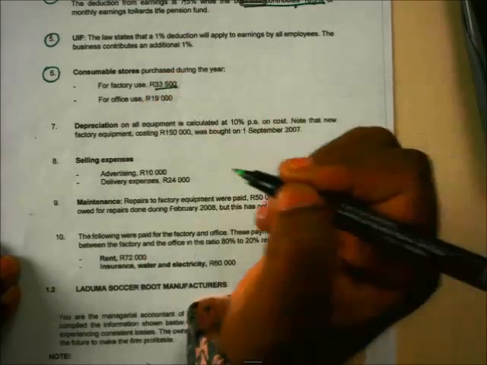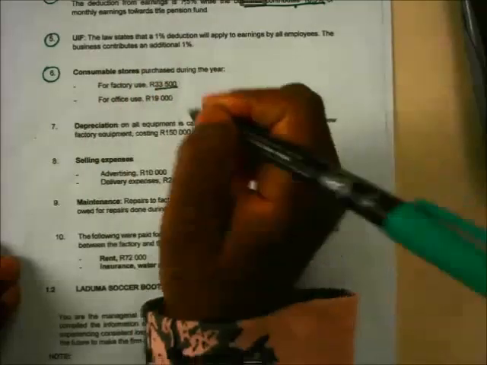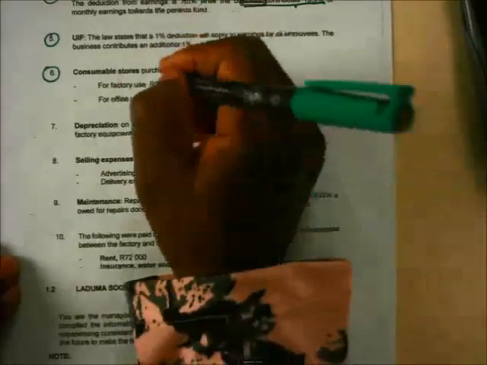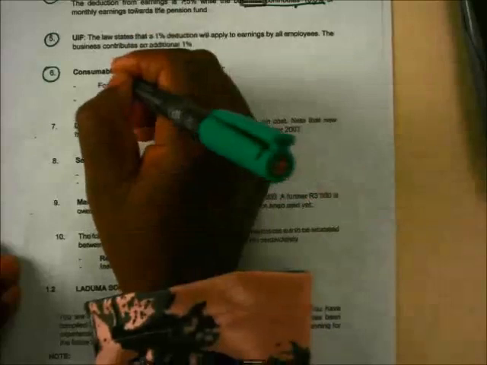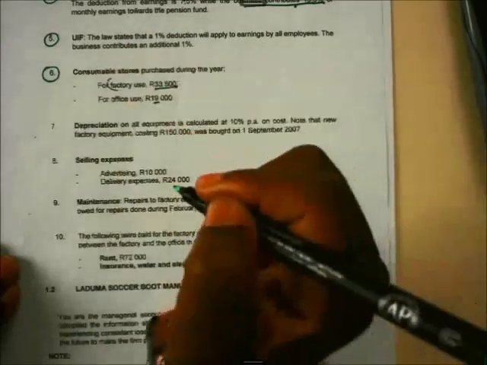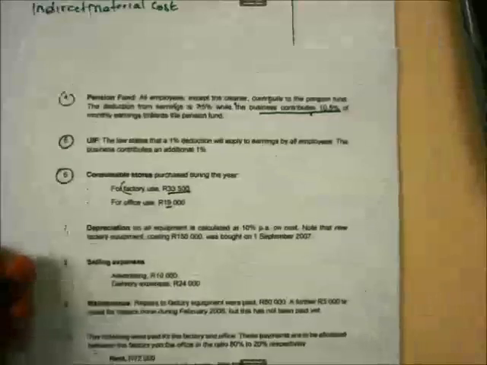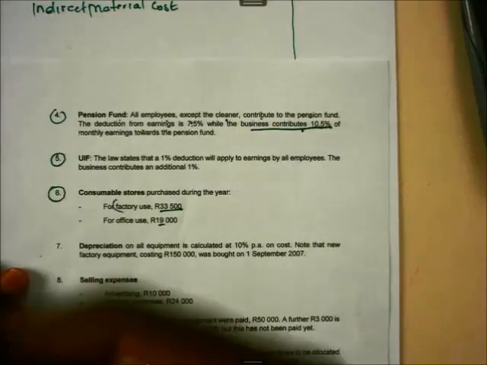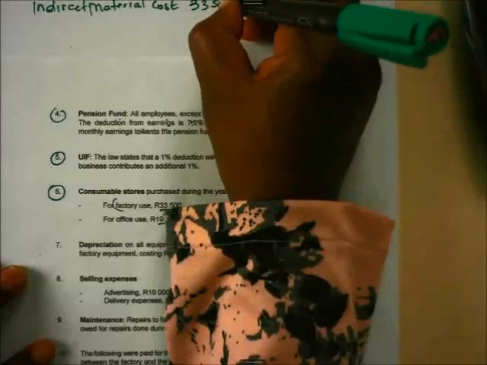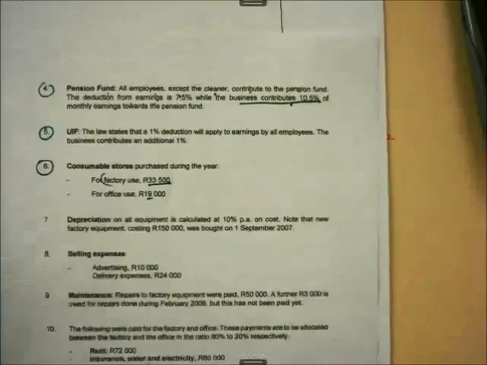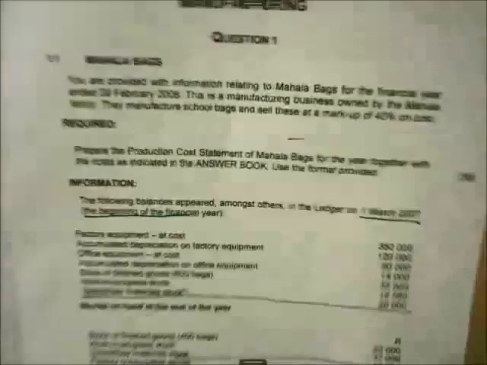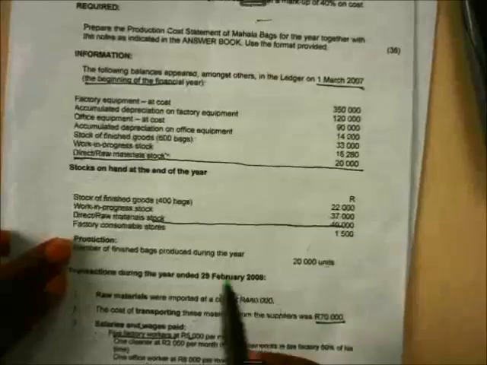33,500, sorry. For office use, 19,000. Do not forget we are preparing the factory overhead. The focus will be on the cost consumed in the factory. The cost of material consumed in the factory. Now we said because we don't have the opening stock, we are starting with the purchases, 33,500. Now we have the closing stock, unused indirect material at the end of the financial year.